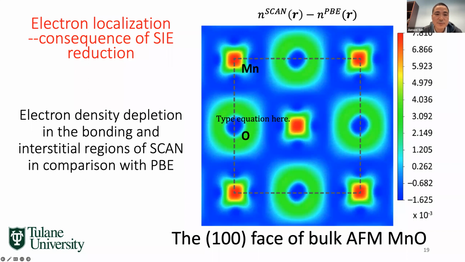So this is oxygen, and this is manganese, and it moves some electrons from the bonding or interstitial region to the manganese side, right? So that means you localize the electrons around these transition metals, and therefore stabilize the magnetic moments more. And this gives you better total energy descriptions and band gaps.